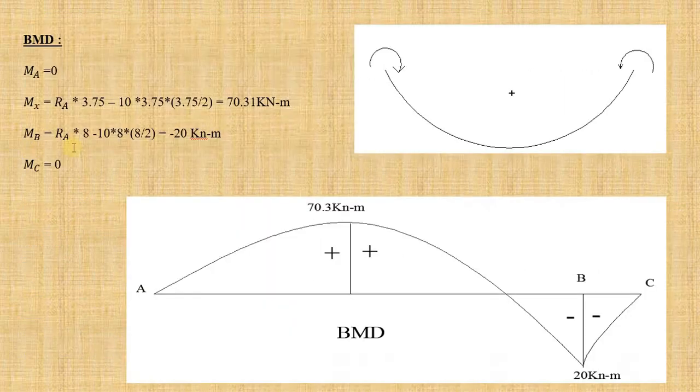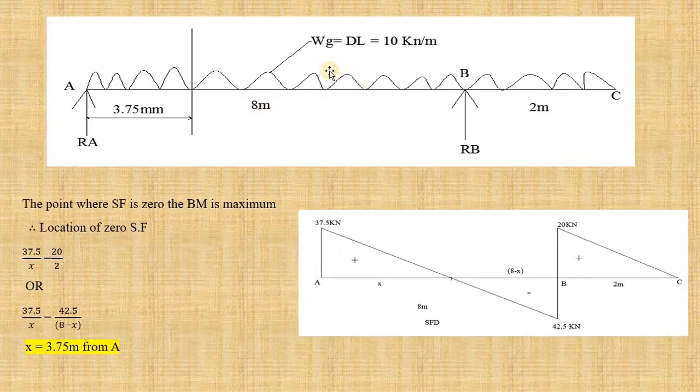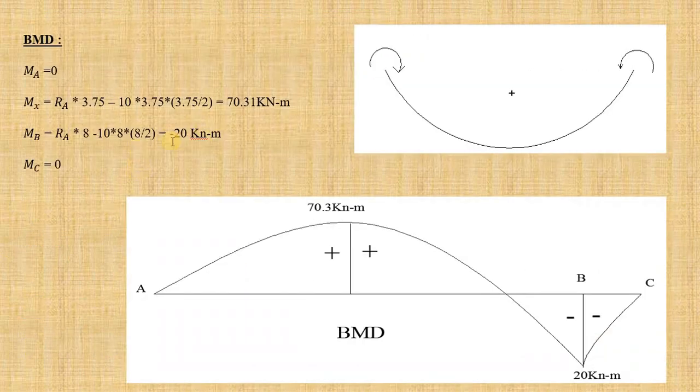It is rotating in a clockwise direction. The UDL is acting, rotating in an anti-clockwise direction, so it is minus 10 into 8 into 8 by 2. Be careful with the length. From A to B, it is just 8 meter. So we will get minus 20 kilonewton meter as MB.